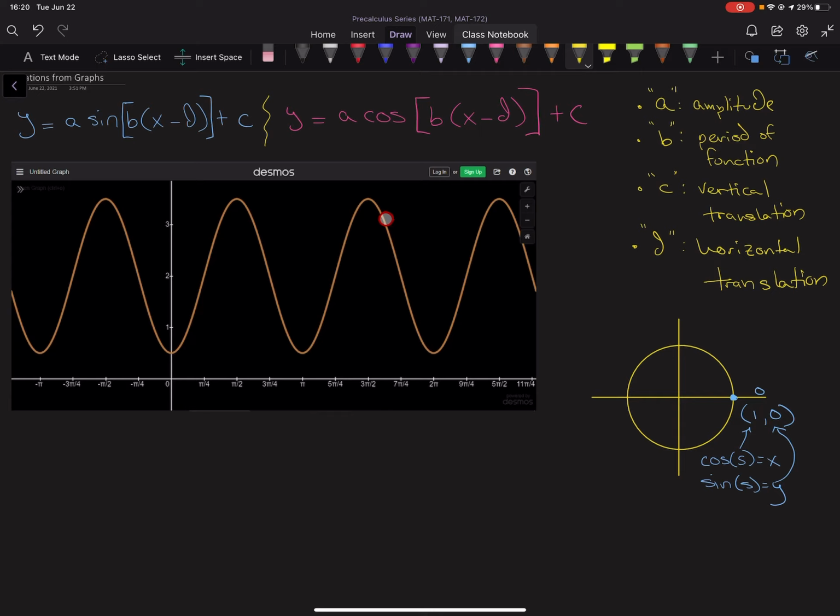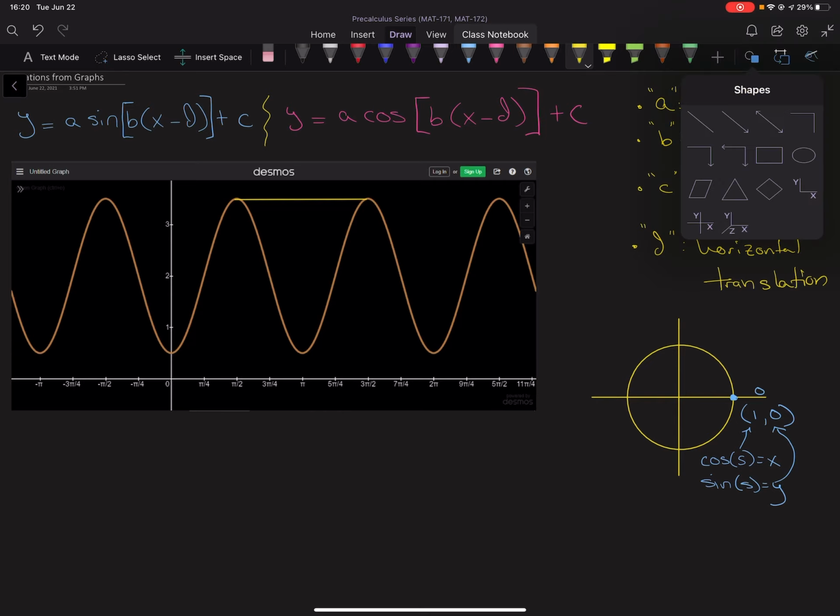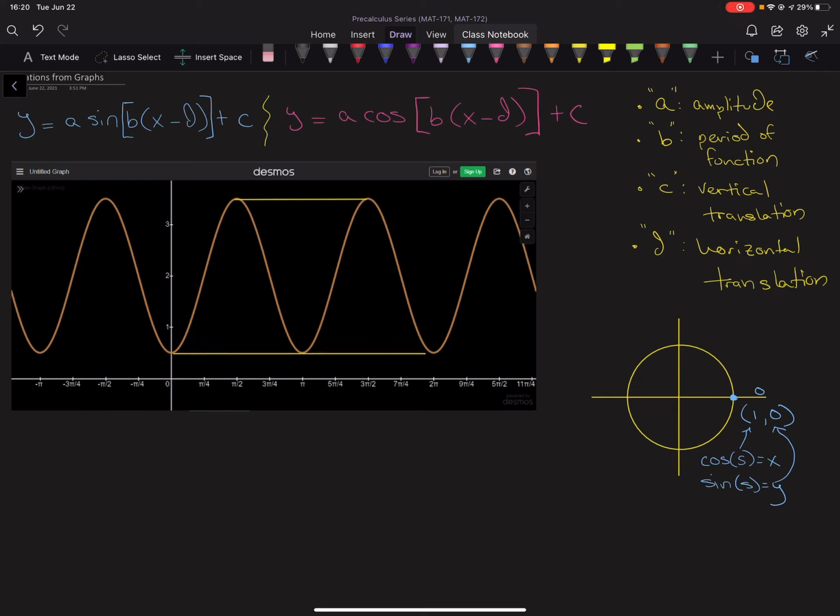Let's start with how to determine the amplitude of a trigonometric function. So amplitude corresponds to the ridges and troughs that we have going on with this function. So the distance from the highest peak to the lowest valley, all right?